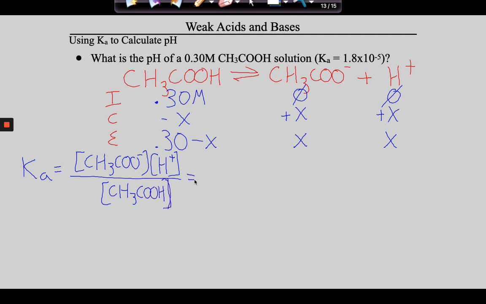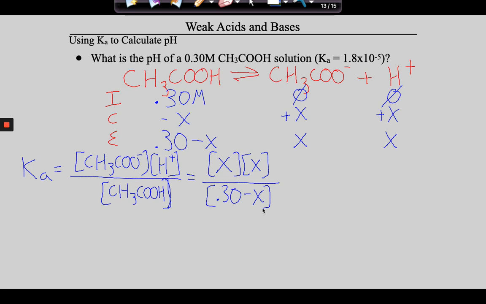Then our acetate ion is X. Our hydrogen ion is X. And our acetic acid is 0.30 minus X. Are we good? Is that sitting okay?